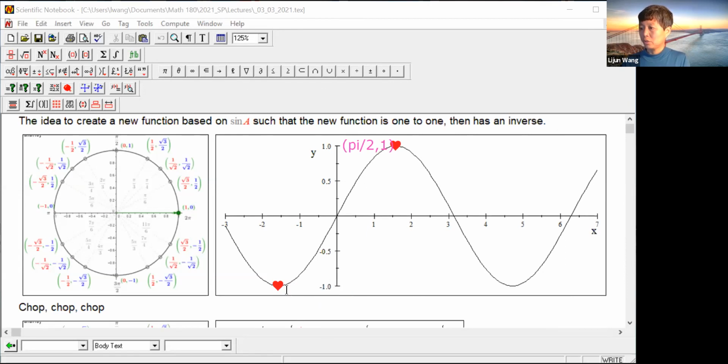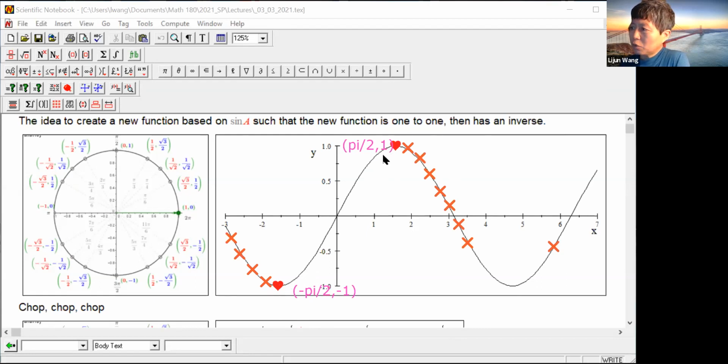So one piece is -pi/2, -1, and the other piece is pi/2, +1. Now, what is going to be chopped off? Cut, cut, cut. All chopped off. So we have this piece left.